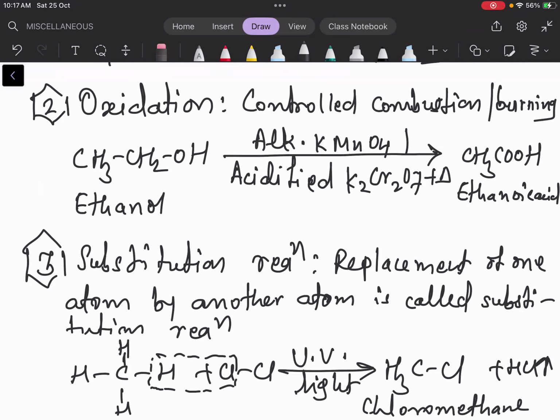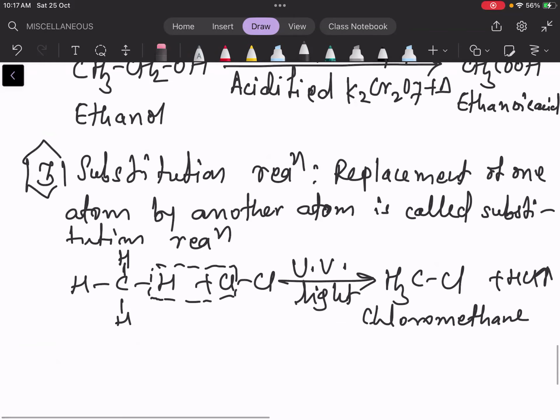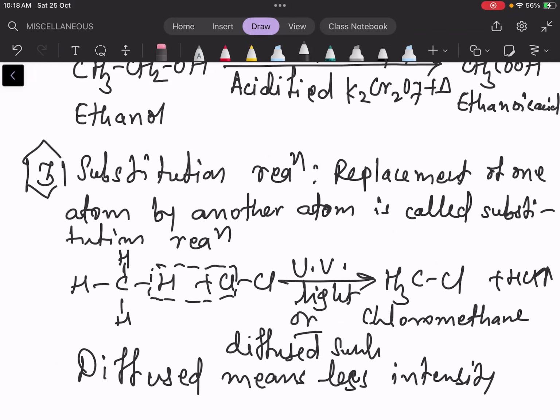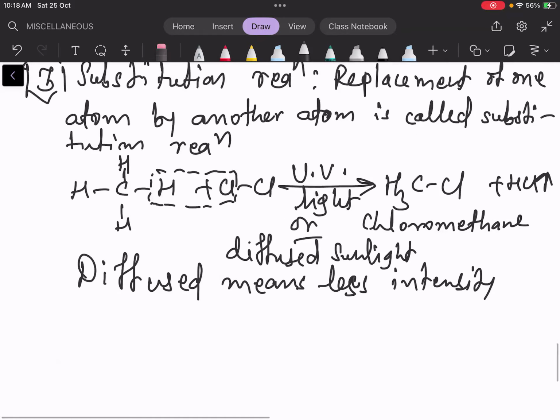Diffuse means less intensity. So UV light or diffuse sunlight, that is, less intensity sunlight, before 9 a.m. or after 5 p.m.